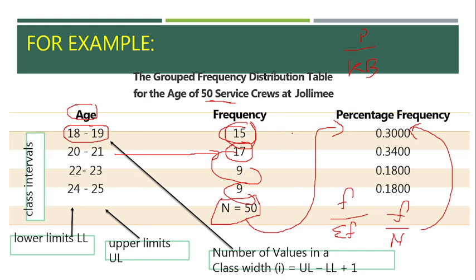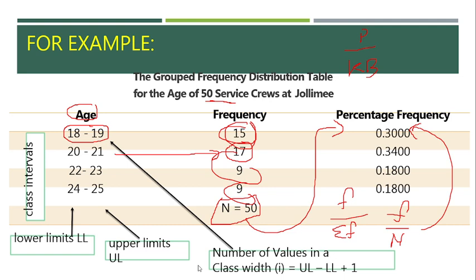So, in that sense, I just showed the ungrouped and grouped frequency distribution table. Okay po? But before that, I'm going to show you some examples of frequency distribution tables, because we cannot just simply tell which is grouped and which is ungrouped.